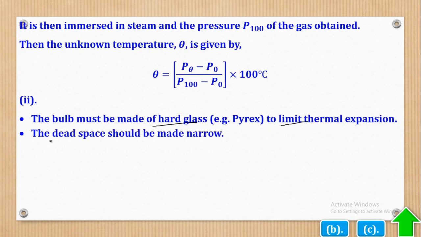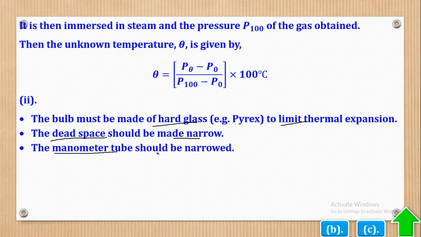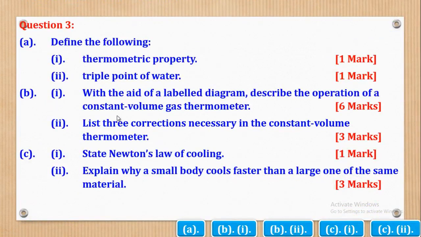The second one is that the dead space should be made narrow. And lastly, the third one is that the manometer tube should be narrowed. So now we shall go to part C. Part C, Roman 1 says, state Newton's law of cooling.